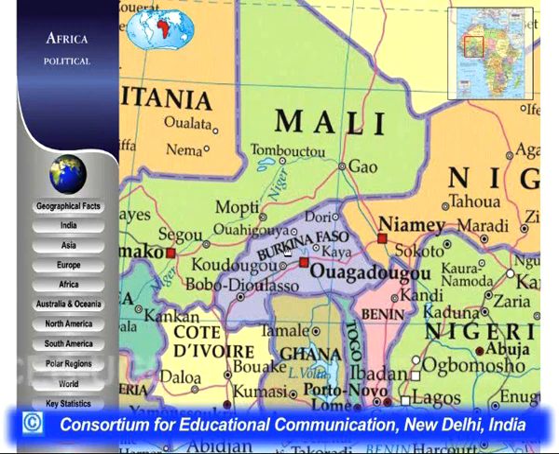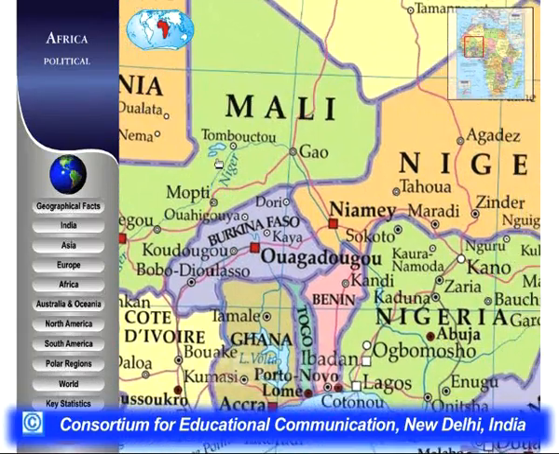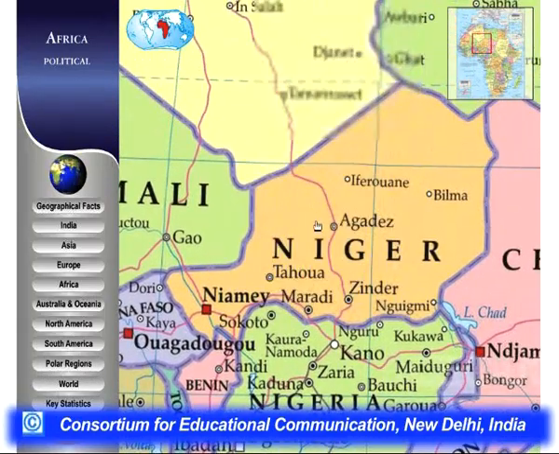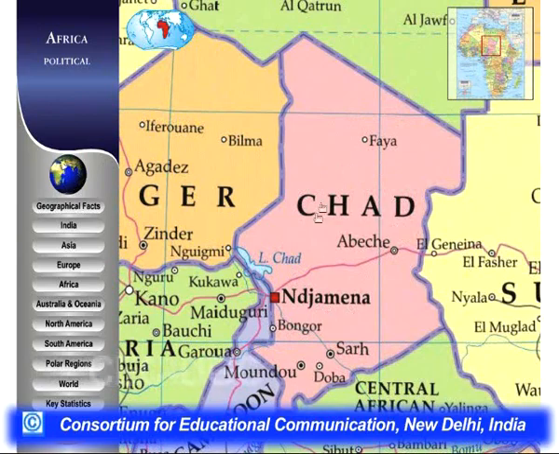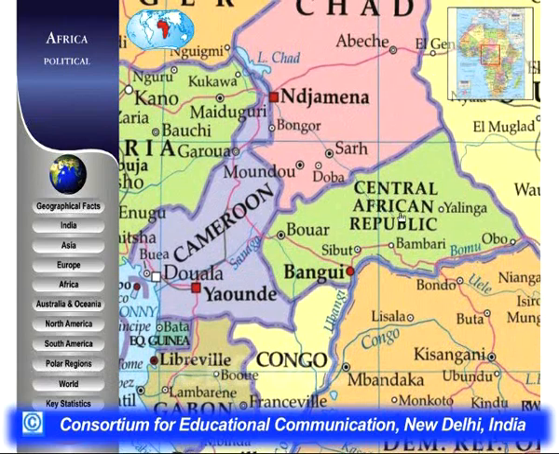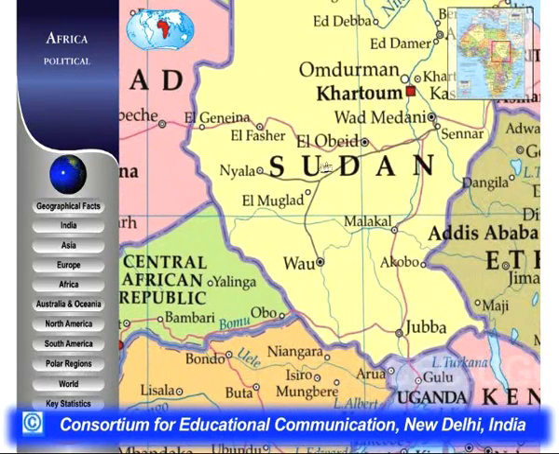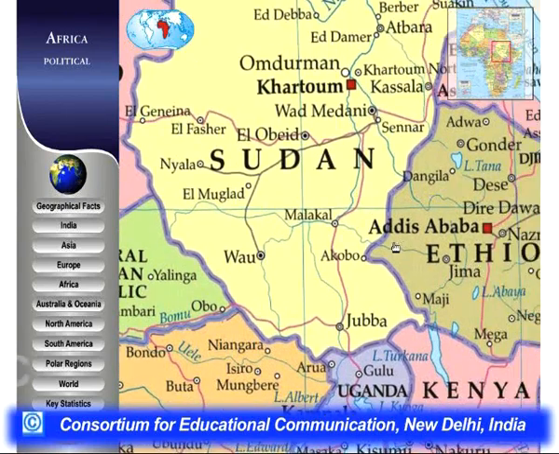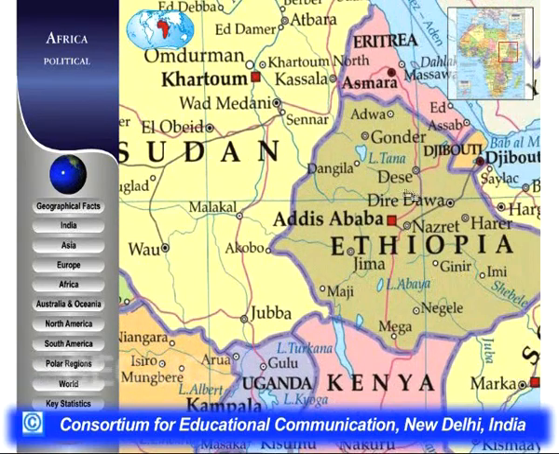Number 1 Burkina Faso, number 2 Mali, number 3 Niger, number 4 Chad, number 5 Central African Republic, then South Sudan and Ethiopia. These are landlocked countries in Africa lying north of the equator.